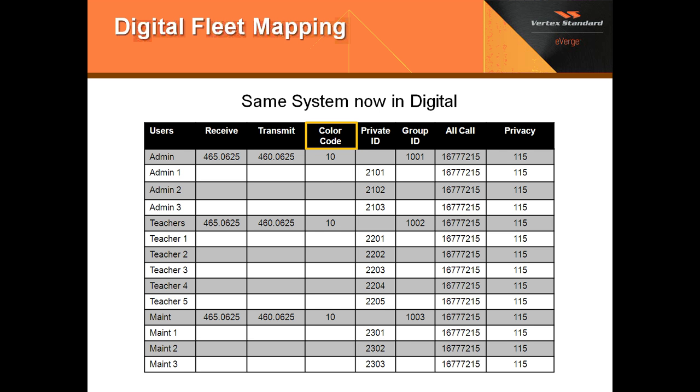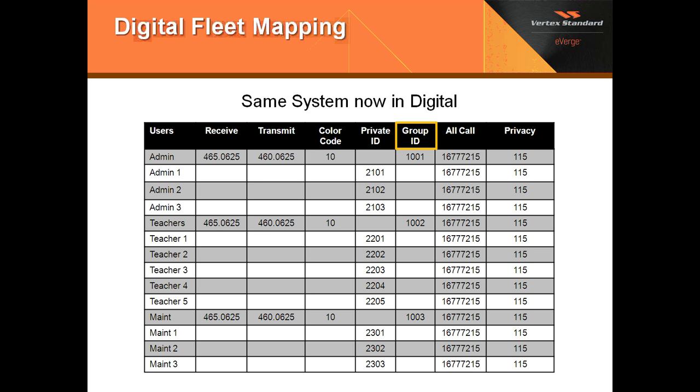In addition, you'll also use your group IDs to divide up your channels. Next is your private IDs. As you can see, each individual has been assigned an ID, and now you have a group ID. You'll notice with my numbering system I use 1001, 1002 and 1003.